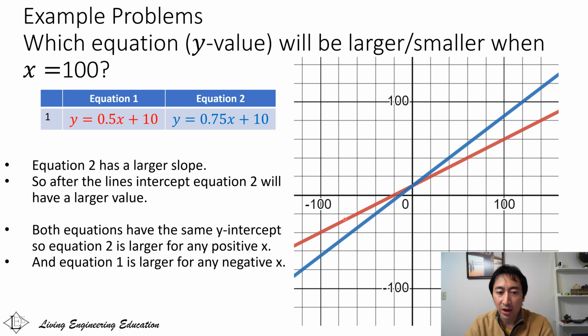So for negative x values, the red line, equation 1 with the smaller slope, is larger. For positive values, the larger slope wins. So it's really important to know when they intersect, and that's what we'll look at in a future video. But we made it very easy for us in this problem set because we have the common y-intercept. So it's a very important thing to recognize here.